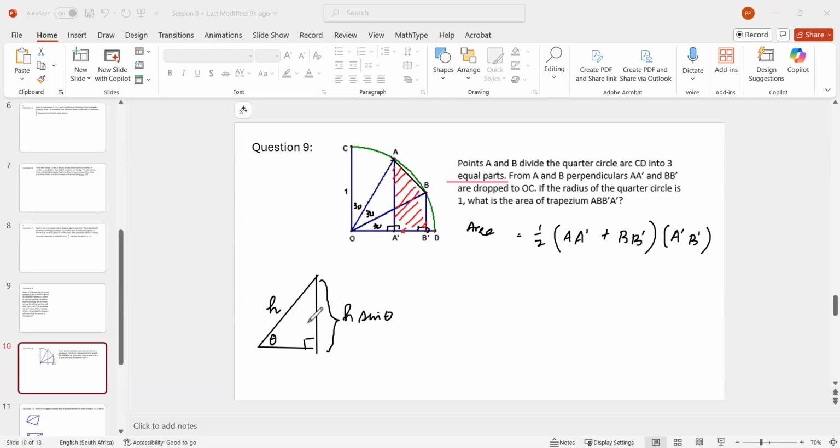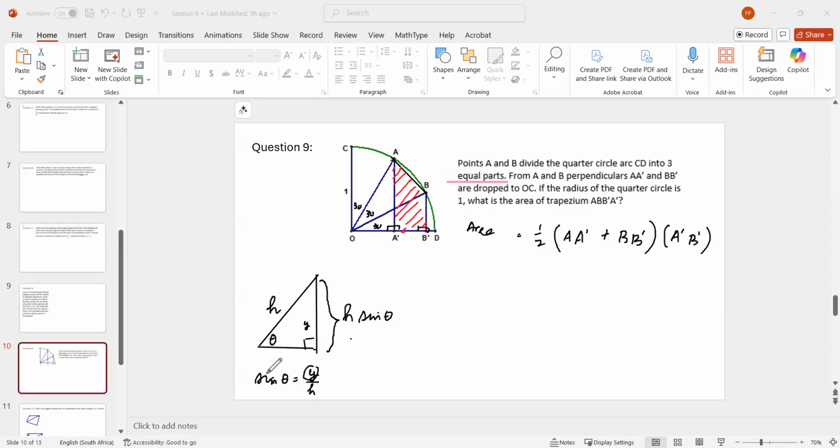The reason for that is, if I call this y, sine of theta is opposite over hypotenuse, so it's y over h, right? I think all of you know about that. And then you can make y the subject, so y is equal to h sine theta, right?